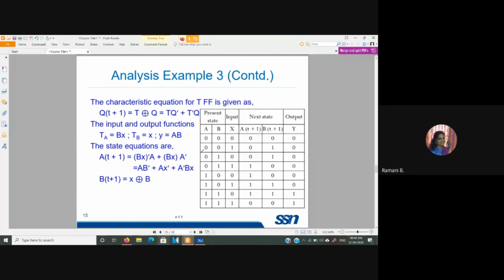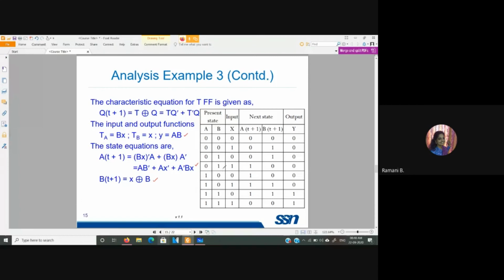You can expand if you want, or otherwise with the table values themselves, you could do it. From this equation, you can find the next state values of A of t plus 1 and B of t plus 1. And we had the output Y equal to AB. So that is also given over here.